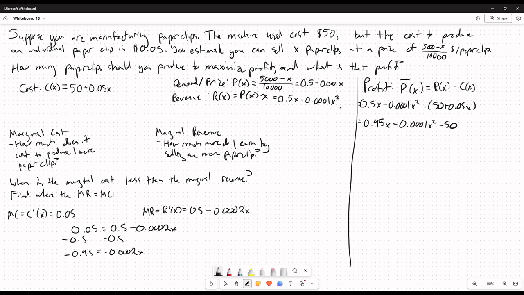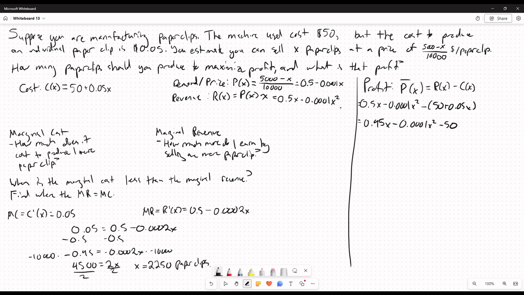I'm going to multiply each side by negative 10,000 just to clear the decimals out, and also to get rid of that negative sign. We get 4,500 equals 2x. Divide by 2, and we finally get an answer of x equals 2,250 paperclips.